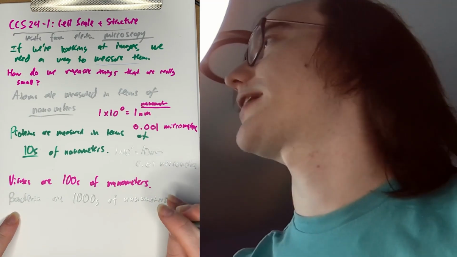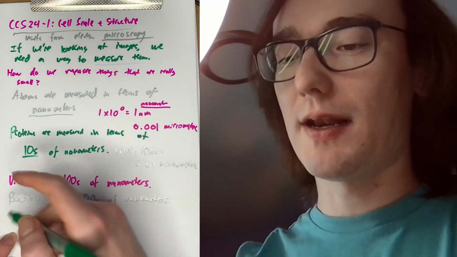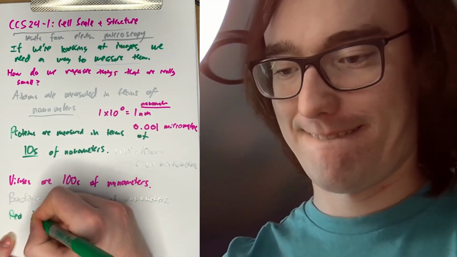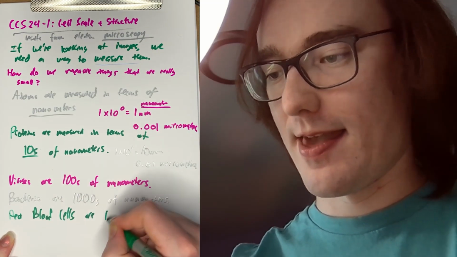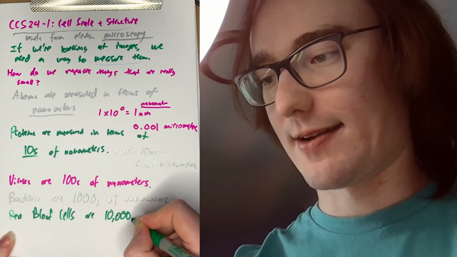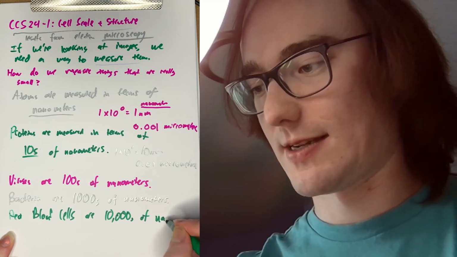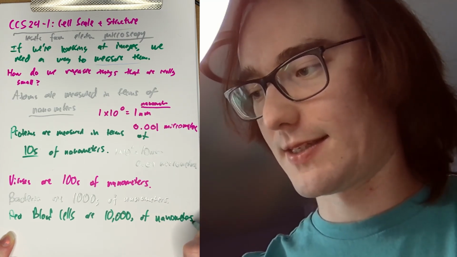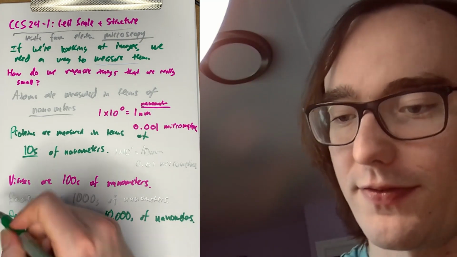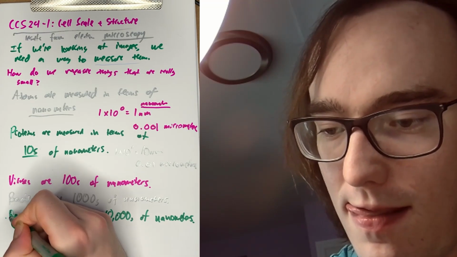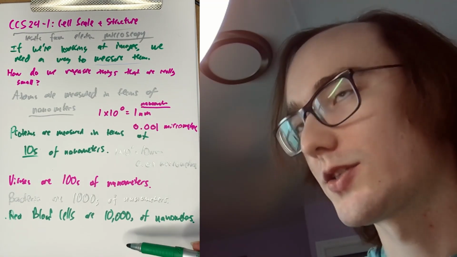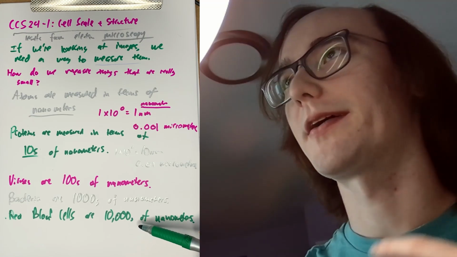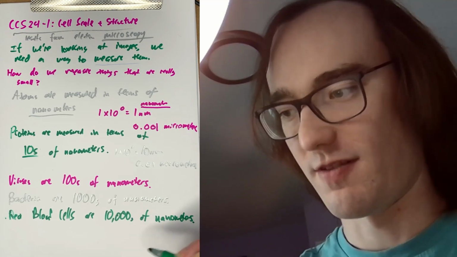So bacteria are thousands of nanometers. Red blood cells are tens of thousands of nanometers. And I think this is really cool as a relative scale, because red blood cells are complicated and they're common and they're a really big important part of us.